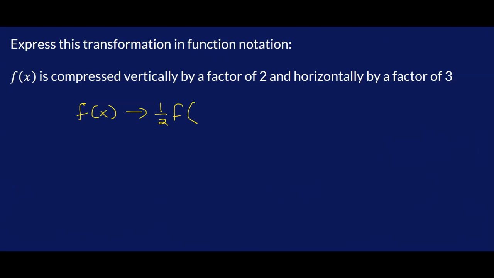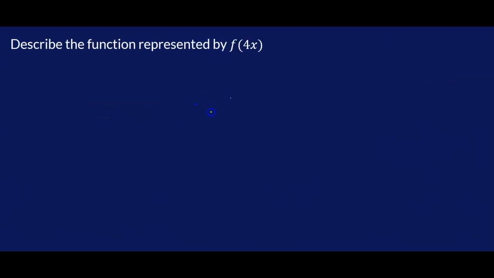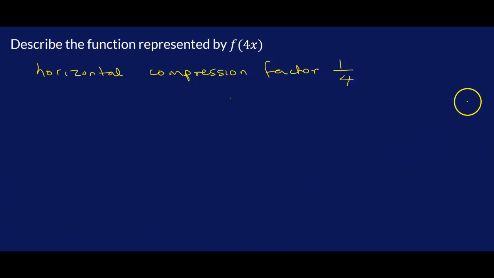So let's do some examples here. Describe the function represented by f of 4x. So we're going to be seeing what we call a horizontal compression. The horizontal compression factor is 1 over a, so it's 1 over 4.